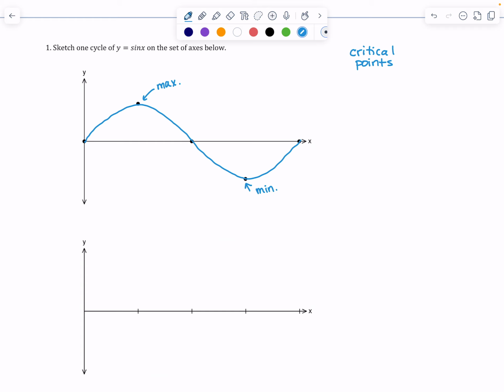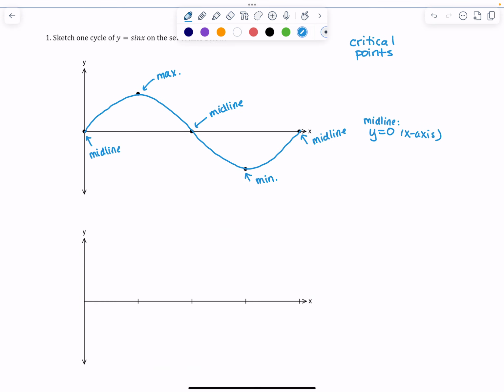And then they also have what we call midline points, the points that are directly in the middle between the max and the min. So if the max is at 1 and the min is at -1, the middle between 1 and -1 would be 0. So the midline, the actual line for it, is y equals 0. That would be the midline of this curve, the x-axis, right? But those 3 points are being plotted on the midline, and then it has one maximum point, one minimum point.